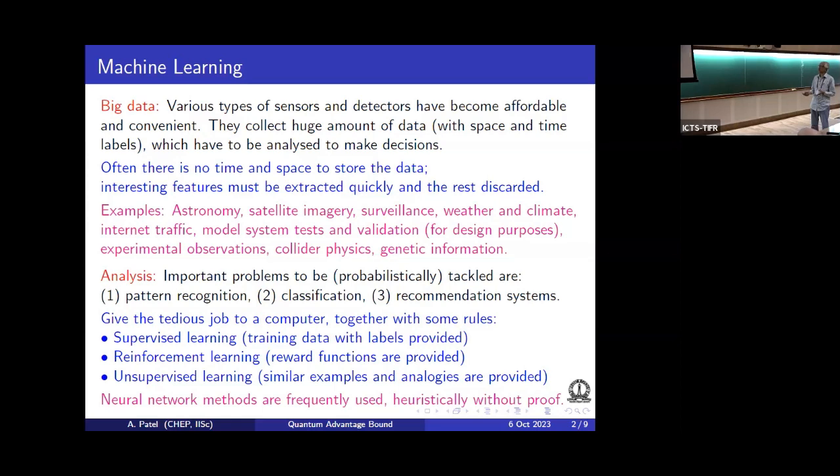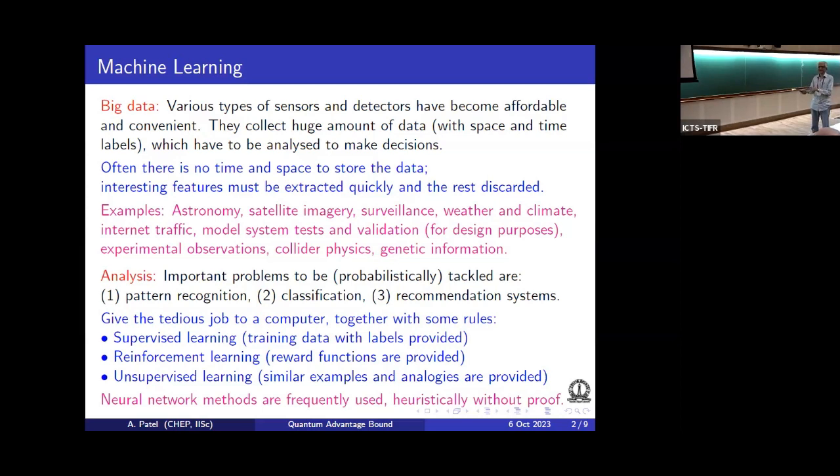Three labels again are used about what the computer does in these scenarios. One of them is called supervised learning, which means that first you train the computer using a set of training data. It will find some parameters and then use them later to classify or analyze the new data which comes in. There is something called reinforcement learning, where the computer is given some rewards in some sense, that yes, you did it right or you did it wrong.